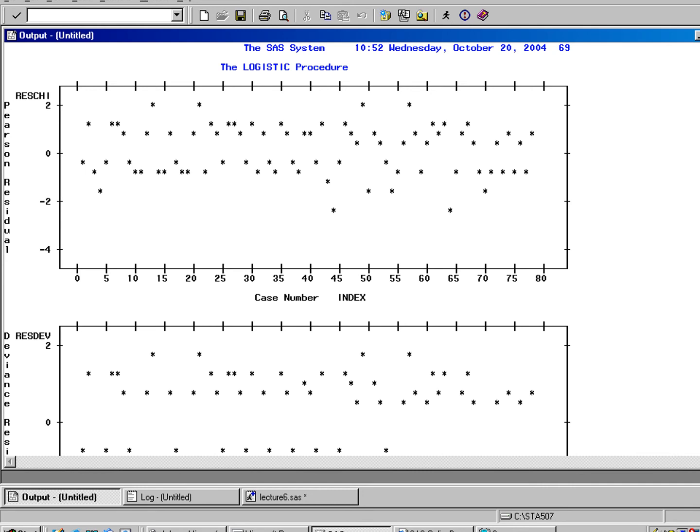And so we can see that it looks like they're pretty much all between 2 and minus 2, doesn't it? I know we got the Pearsons on top and deviance on the bottom. The deviance got a little bit cut off, but certainly looking at the Pearson, they all look between 2 and minus 2. And then looking at the deviance, it looks like there's nothing above 2. We'd have to scroll down to see if there's anything below negative 2.